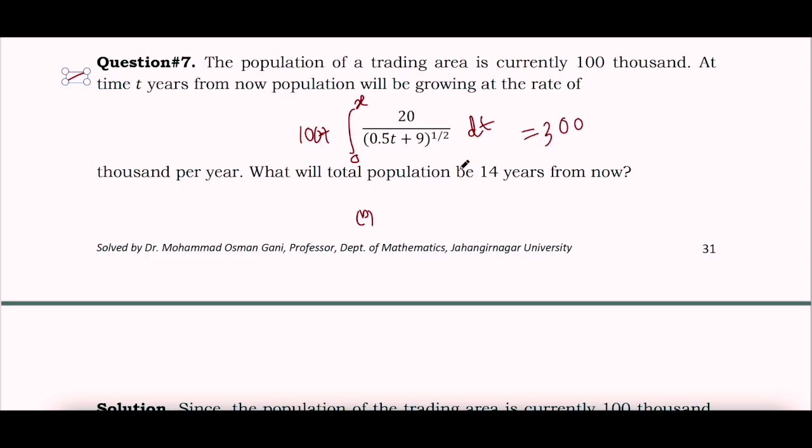So according to the question we can write it. What is the question? How long will it take for the total population to reach 300,000.